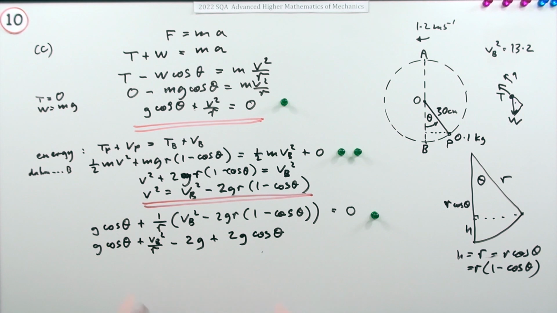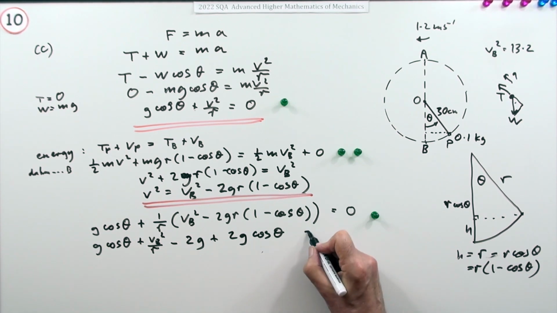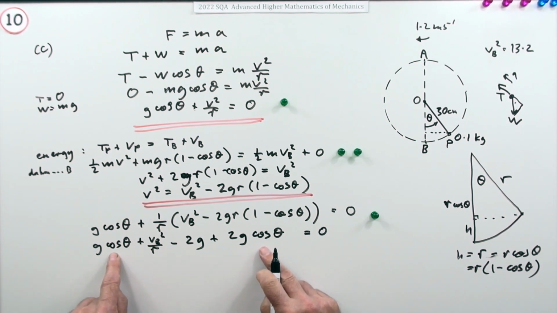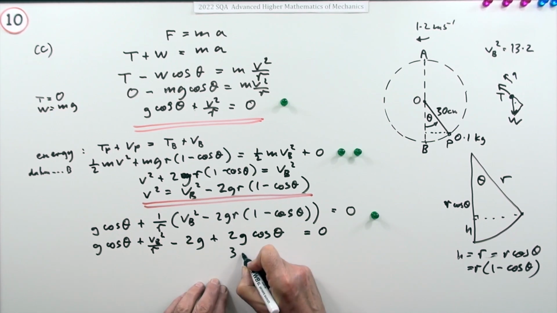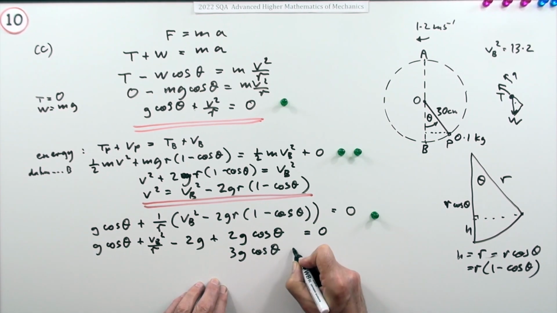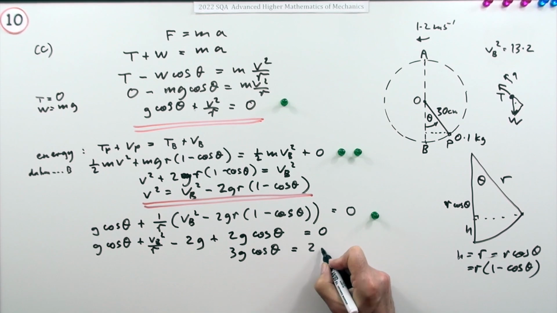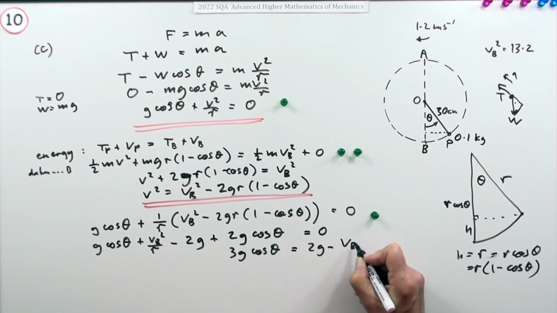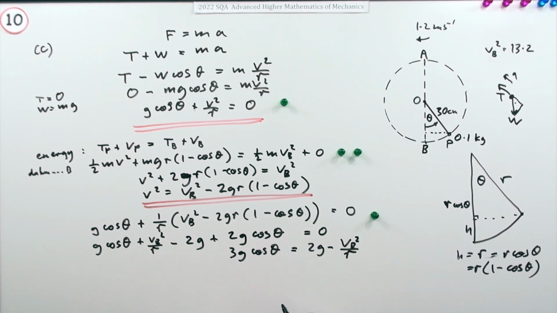Doesn't look too bad. Now, those can get combined, equals 0. Those 2 can get combined, 3g cos theta. And they can go over the other side, 2g minus vb squared upon r. So I'm just obstinately refusing to put in numbers yet until I've got this looking nice. You might think I look better with the numbers in.